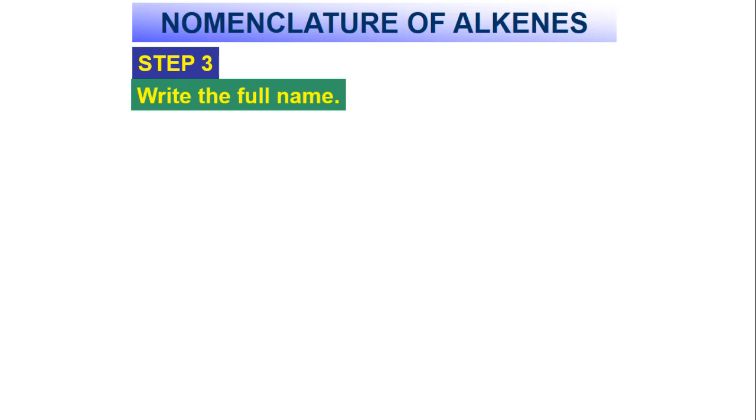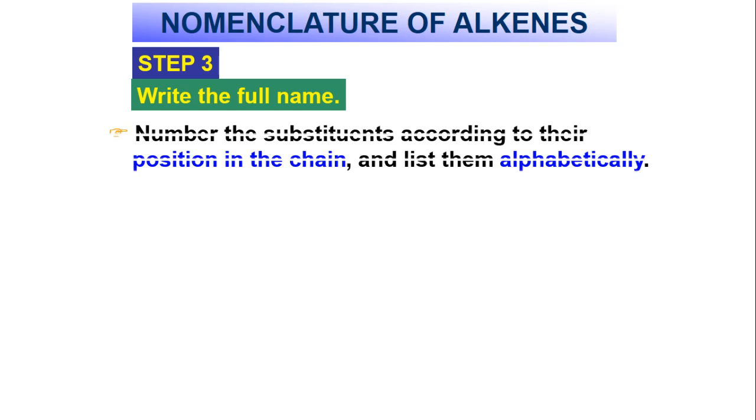Remember, you identified the parent chain, then you numbered it, and now you need to write the full name. As you write the full name, you number the substituents according to their position in the chain and list them alphabetically.